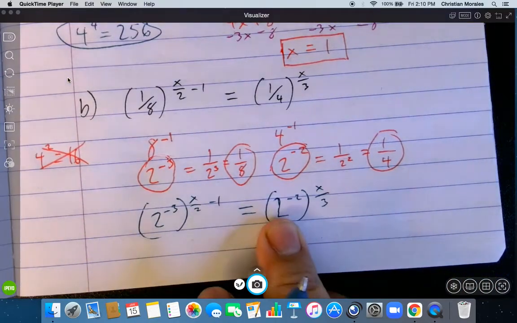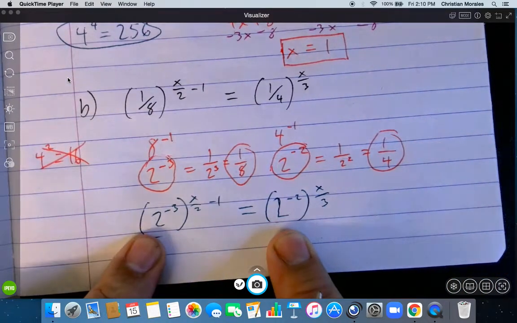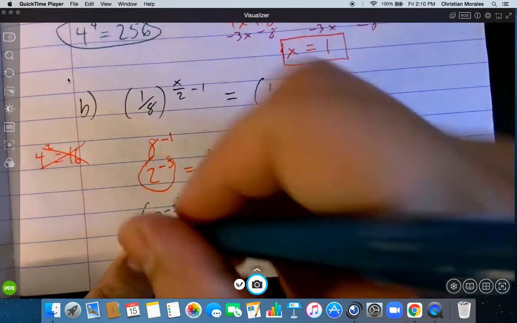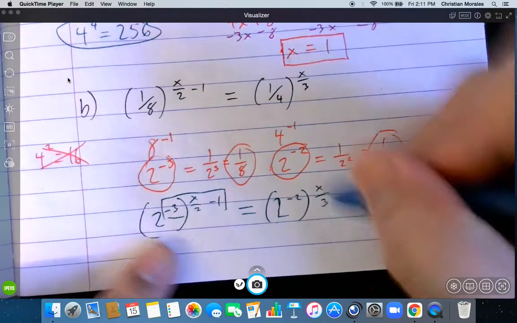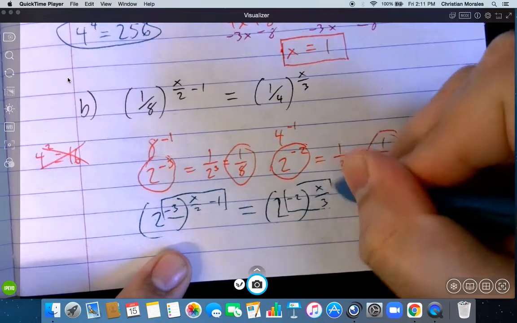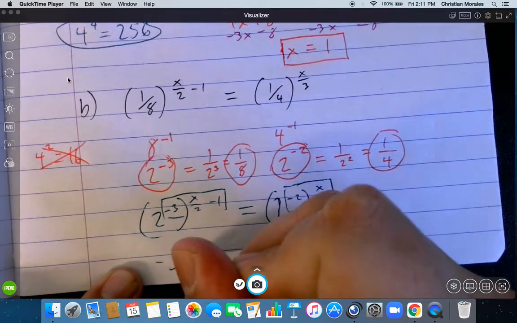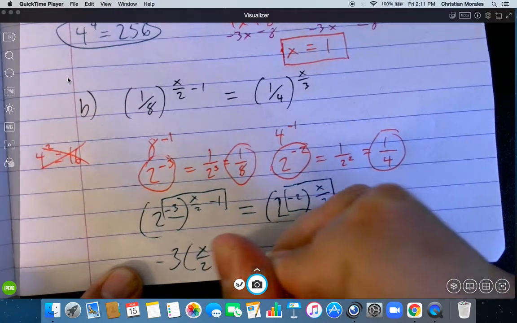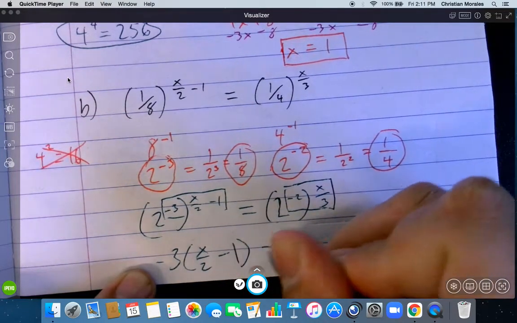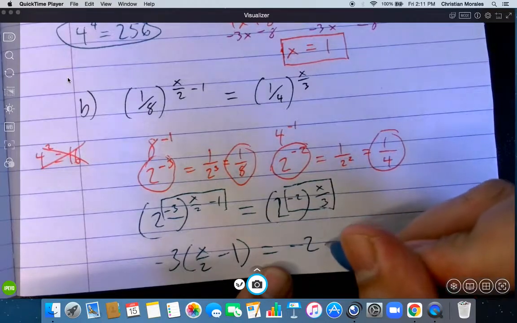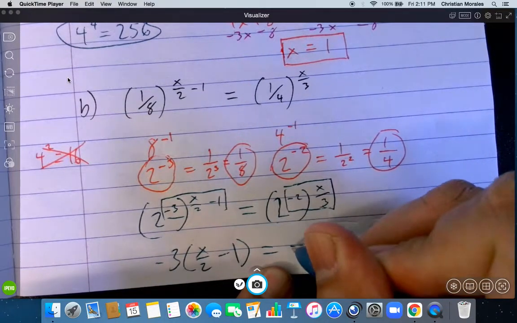And now we have the same base, which means you are left to deal with your exponents. Your exponents are what's left to deal with. So here we have a negative 3 that's going to multiply x over 2 minus 1. And here we have negative 2 that has to multiply x over 3.